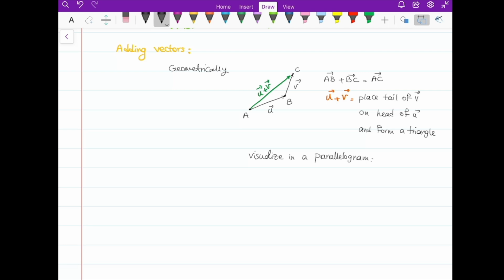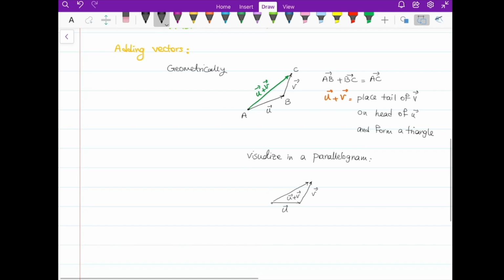Okay, so how do we do that? We are gonna say that I have the vector U, for example, then I have the vector V. Okay, this would be the addition, which is U plus V. Okay, and I told you before that we can place the vector at any different point, but we should follow the same length and the same direction. So this vector that is exactly parallel to this vector with the same length would be exactly V, and I have the same vector U in here.